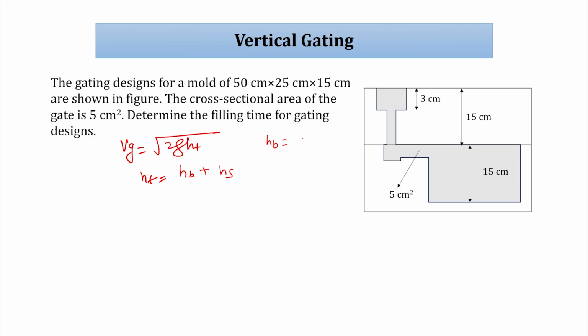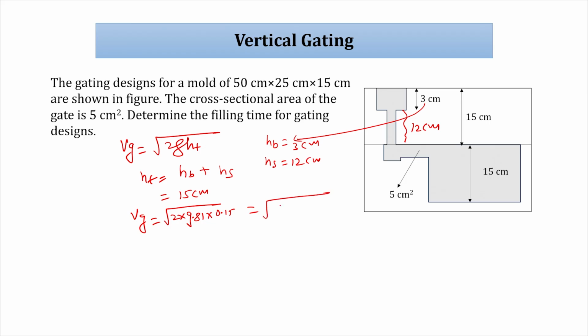What is hb here? The figure is showing 3 cm, hs 12 cm. So HT is 15 cm. So Vg equal to root under 2 into 9.81 into 0.15, or 2 into 981 into 15, that is in cm per second. We know in terms of cm per second. And now we calculate Tf.